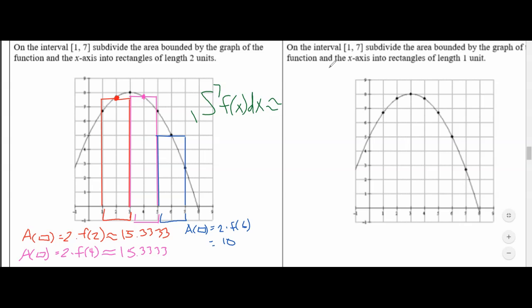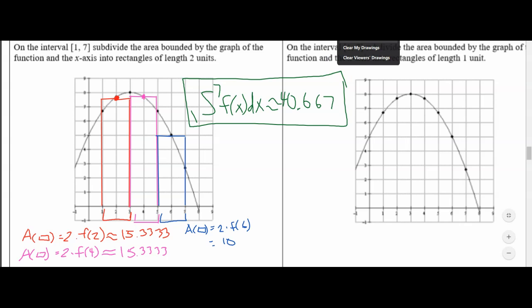And our estimate is 40.667. And you'll notice that midpoint approximation was between our left Riemann sum approximation and our right Riemann sum approximation. The midpoint is a better approximation than either the left or the right. It's going to be closer. So those are the three approximations if we're using rectangles.